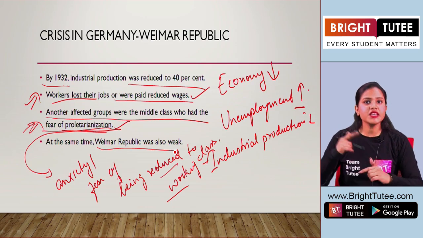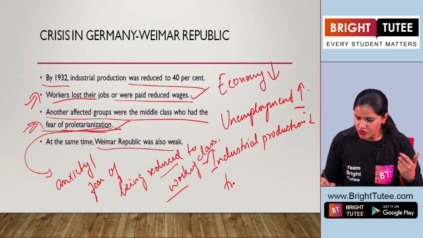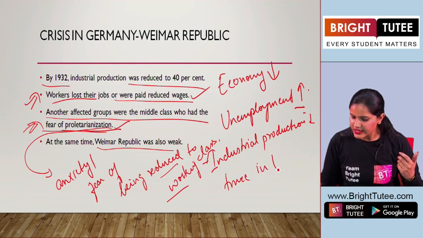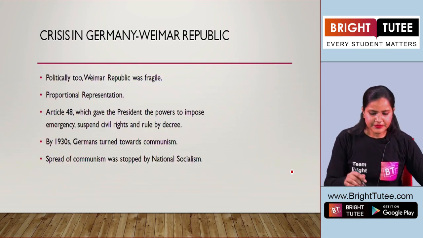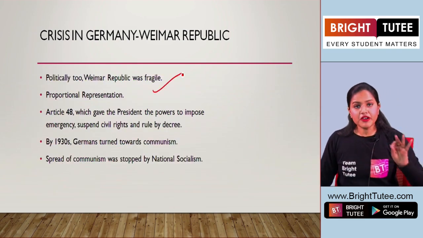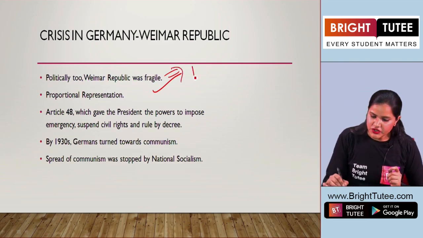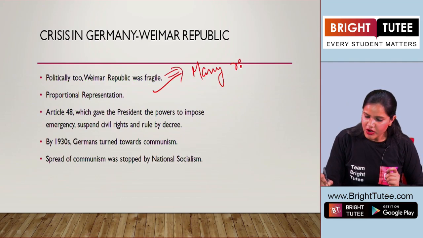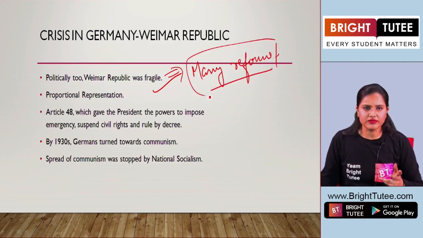They are blaming these people for signing the armistice, or let's say truce, that happened in 1918 and 1919 overall. So here, politically too, the Weimar Republic was very much fragile, right? So many changes or reforms that were brought in the Weimar Republic were not good.